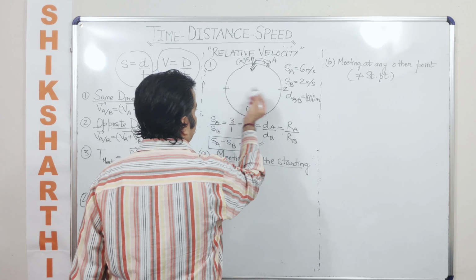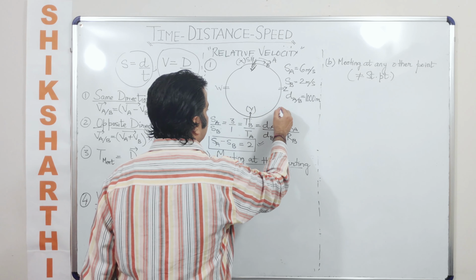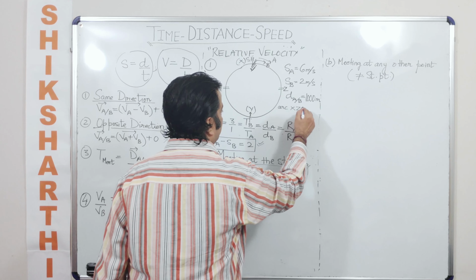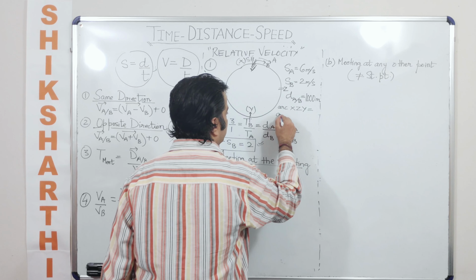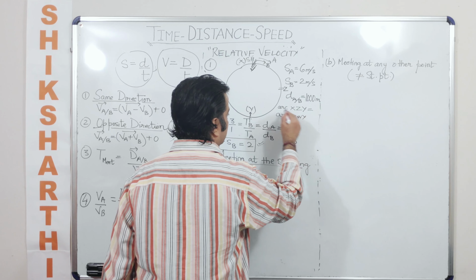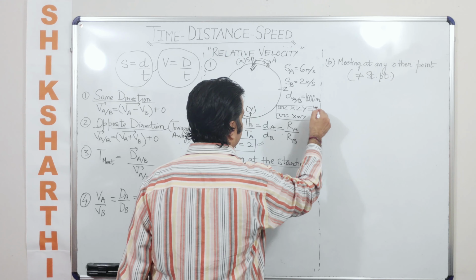Let me take this as W. So what we are saying here is the arc XZY is equal to the arc XWY. This is the part of the concept which we are discussing.